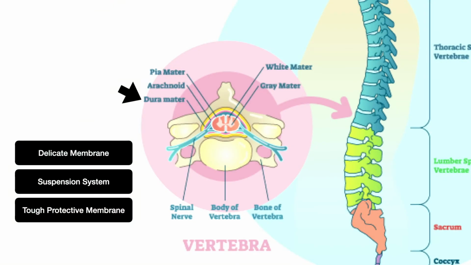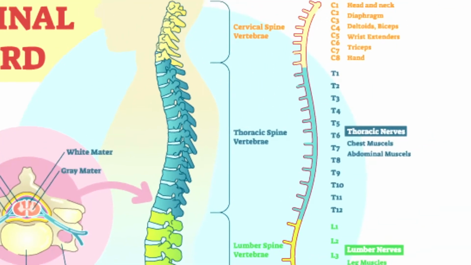Even with a scalpel, you have to put some pressure to get through it. It's a very tough fibrous material on the outside of our brain, but also down into the spinal column. So let's take a look at the column itself.